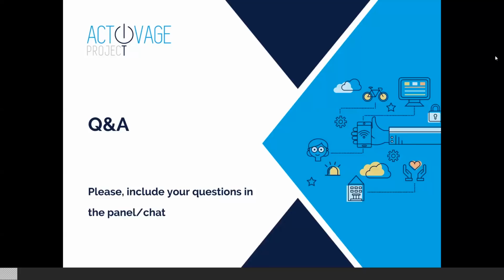I don't know exactly the template which is provided for this purpose. I would say the necessary information that will allow us to evaluate the relevance of the proposed approach with the ACTIVAGE IoT framework.